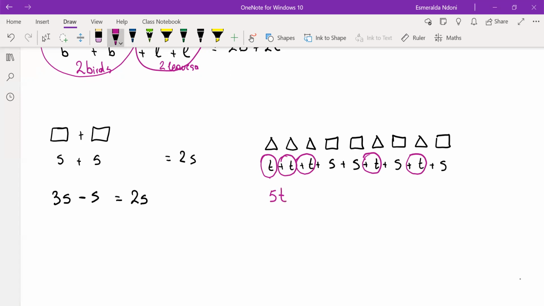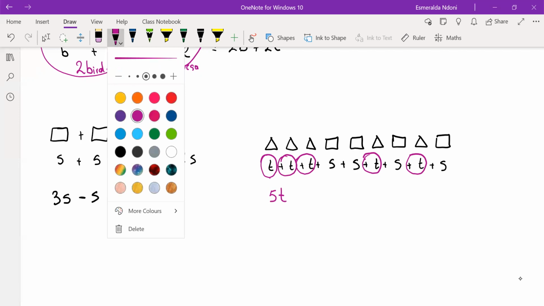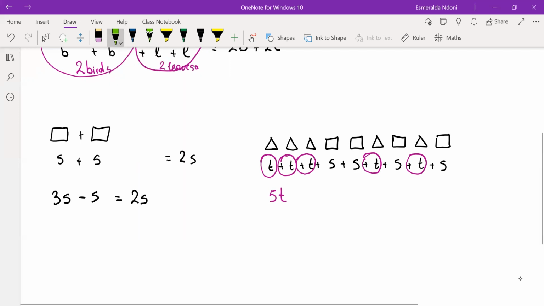Now I'm going to group all the squares together. And I'm going to draw a square around it. Look at the sign is being grouped with the letter. It's super, super important. So please do so. So I have 5 T's plus 4 S's.